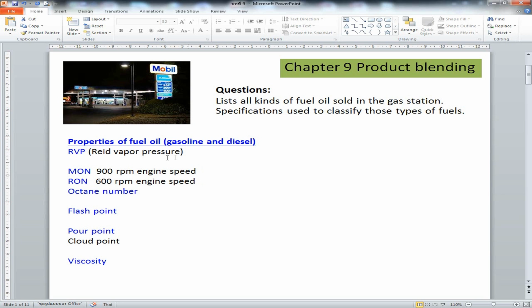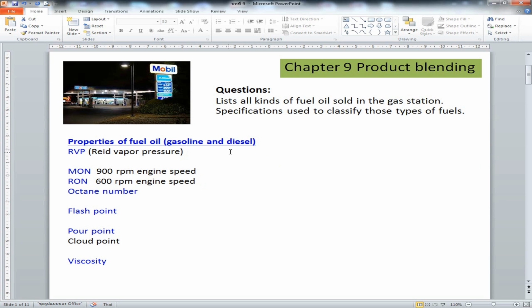This is just to prevent the evaporative emissions of the gasoline that may contribute to the ground level ozone. In the case of the state of Texas, which may be applied to Thailand climate, the RVP is set around 7 psi and not higher than 7.8 psi.